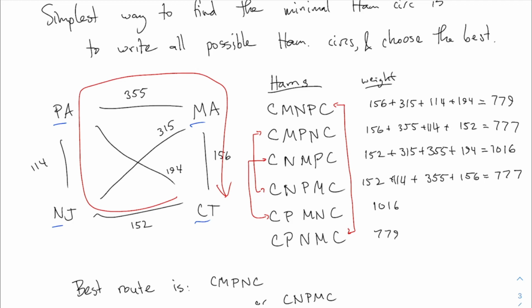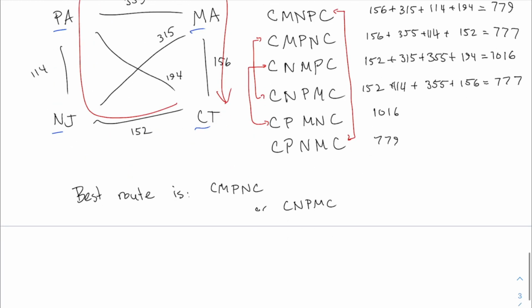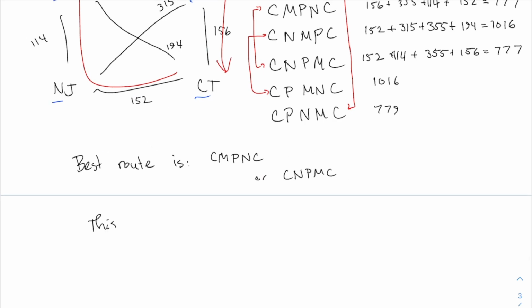Any thoughts about that? This is solving the traveling salesman problem. Actually, there's a name for this procedure that we just did. I would describe this as boring, but it definitely works. It's not really hard to do. It'll take you a few minutes to do it. The procedure that we just did is called the brute force algorithm.